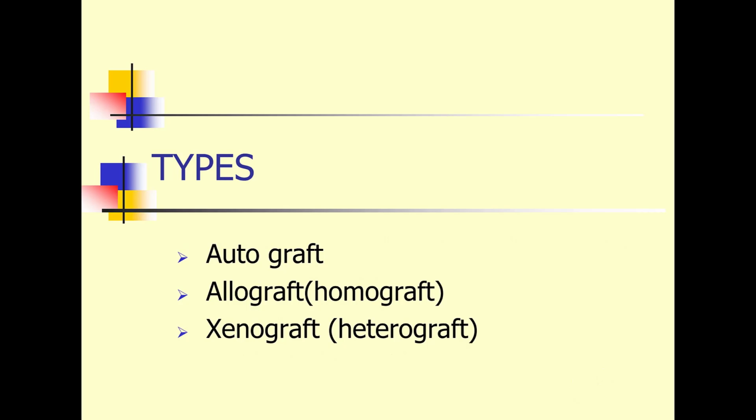What are the types of this skin graft? It is autograft, allograft or xenograft. Autograft is from the same person, from one place to another place. Allograft is from human to human. Homograft is from the same species, while xenograft is from animals or other mammals to other animals.